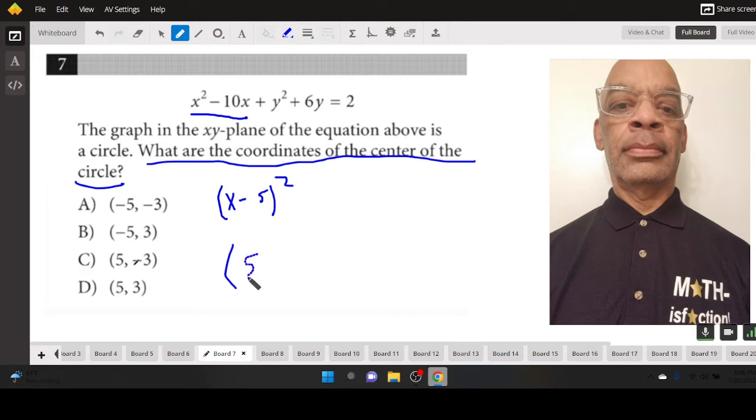We need an x value of 5. And this one's going to result in y plus 3 squared. We need a y value of negative 3. Not necessary to find the radius. We just need the coordinates for the center. 5, negative 3.